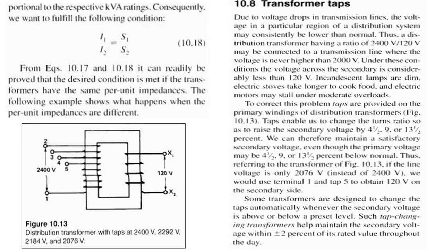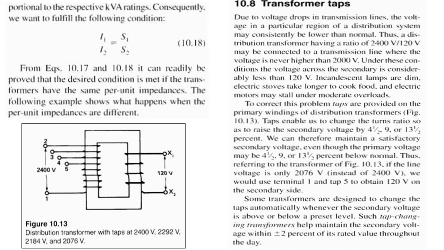Transformer taps. Due to voltage drop in the transmission line, the voltage in a particular region of the distribution system may consistently be lower than normal. Thus, a distribution transformer of ratio 2400 volt divided by 120 volt may be connected to a transmission line where the voltage is lower than 2400 volt.